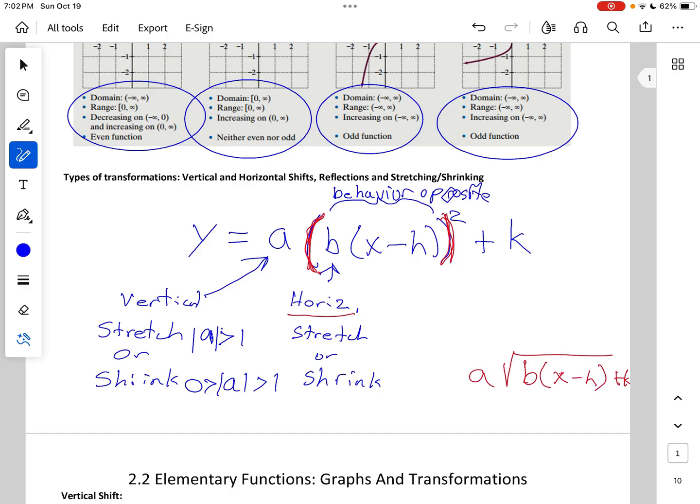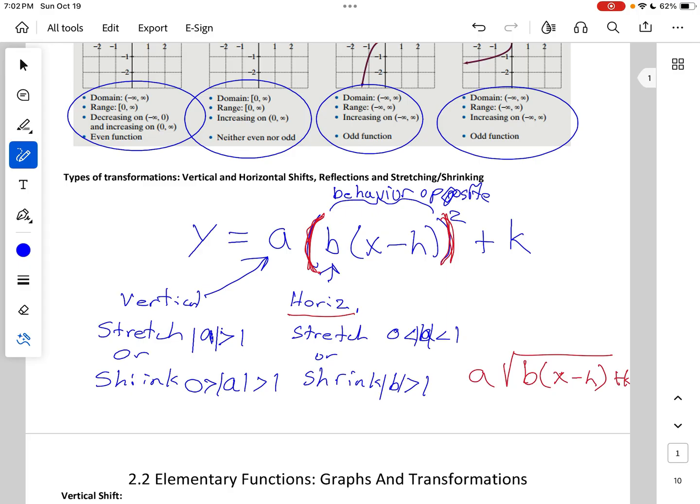So in here with the x, that means a horizontal stretch will be when b is in between 0 and 1, and a shrink will be when b is greater than 1. Okay, and of course absolute value as well, because if the negative is going to be a reflection as well.